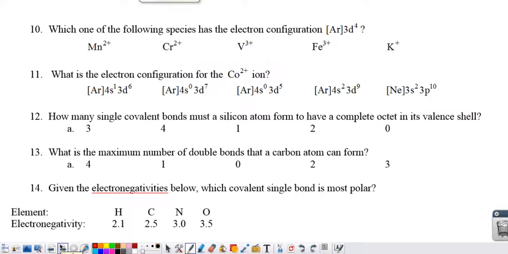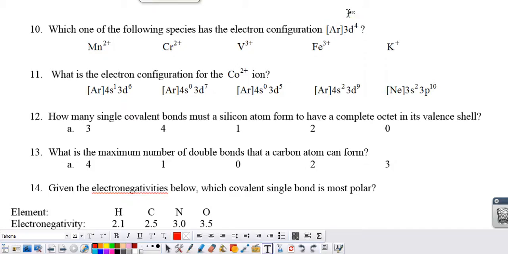Which of the following species has the electron configuration argon 3d4? 3d4, I would normally think of it as krypton, but there's no 4s2, right? Wouldn't there usually be argon 4s2?